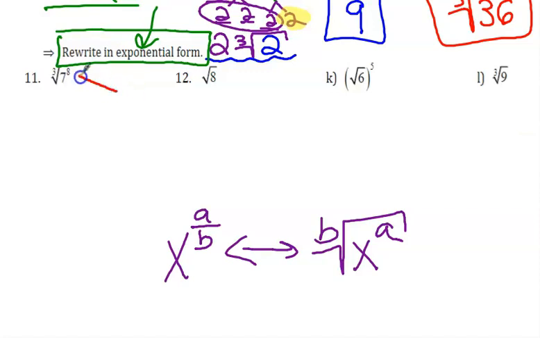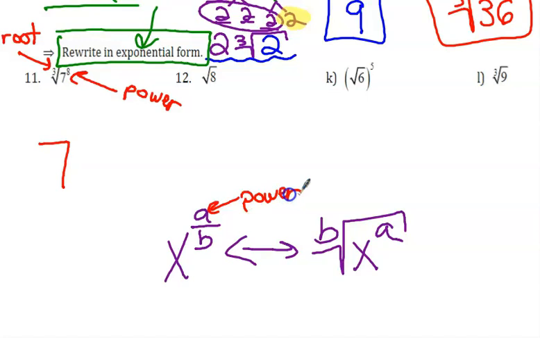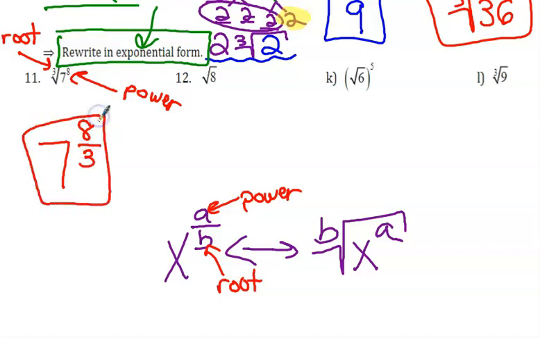So 8 is the power, and 3 is the root. How would I write that as an exponent? The power is on the top, and the root is the denominator. So I'm going to write 7 to the 8/3. And that's it. I'm rewriting in exponential form. So 7 to the 8/3.